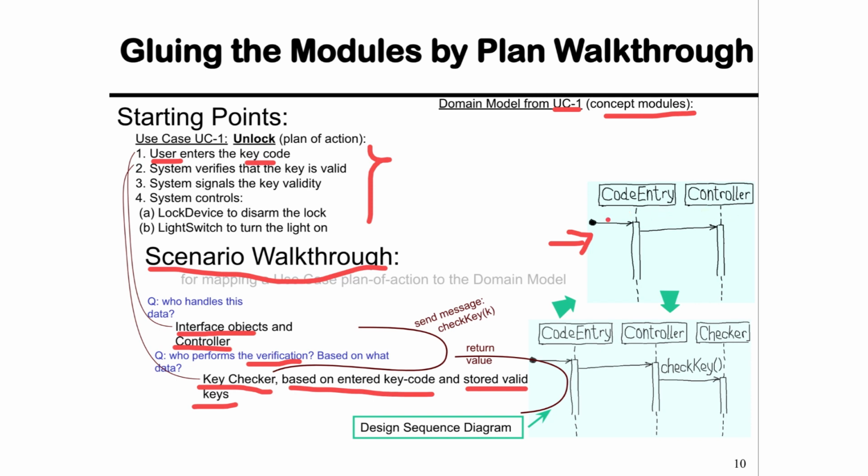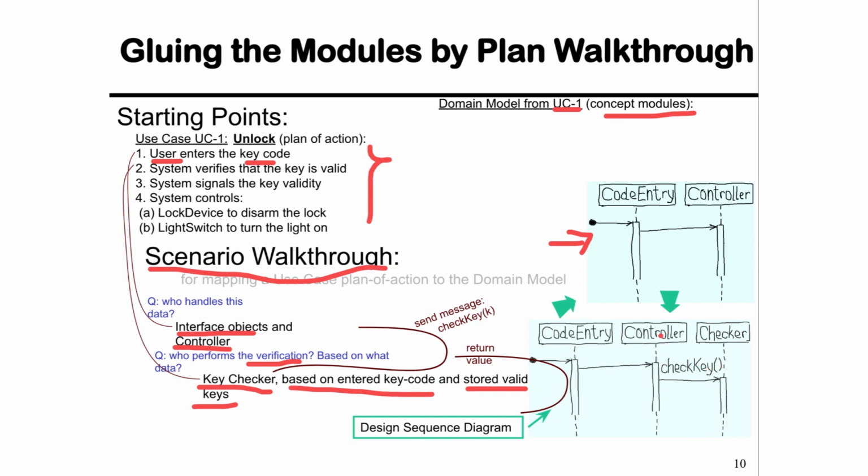This, for instance, shows how a system flows from an object called code entry to the controller. This is a very simple hand sketch diagram. When we come to the second diagram, we have the code entry object, controller object, and checker object. It shows a high-level interaction between these three objects through the controller.